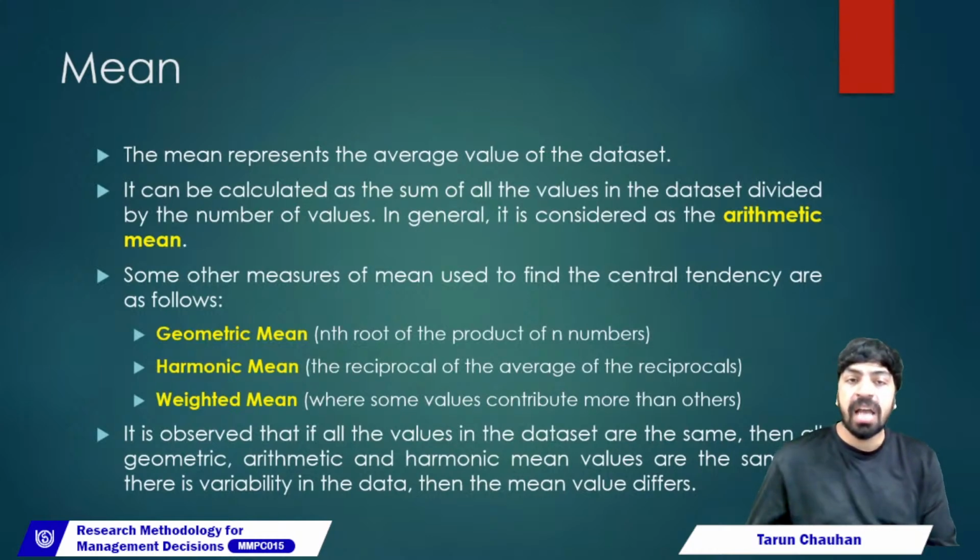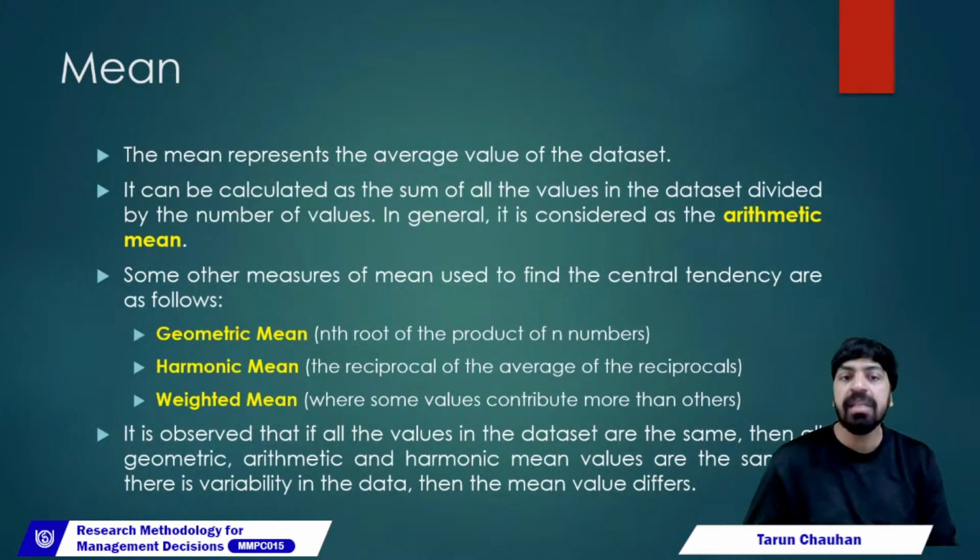If in a classroom there are 60 students studying mathematics, and the total score of all students is 1000, then the mean would be 1000 divided by 60. You will get the mean, and that's the exact meaning of calculating the mean.